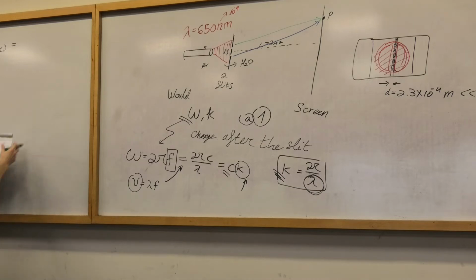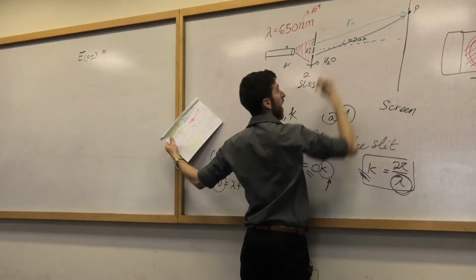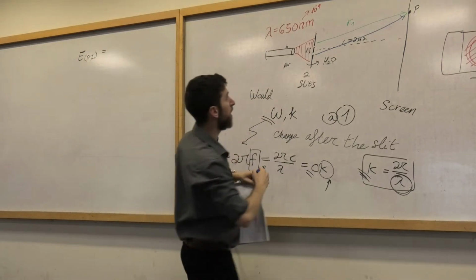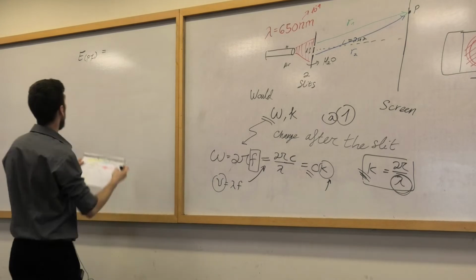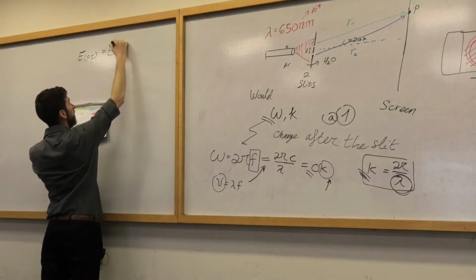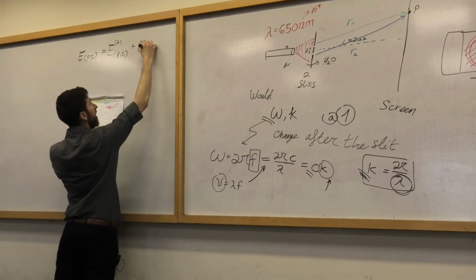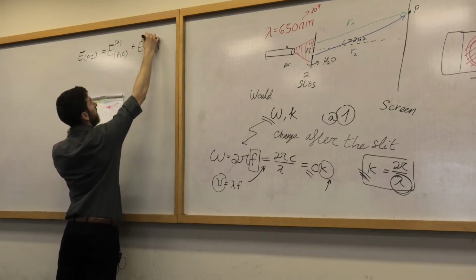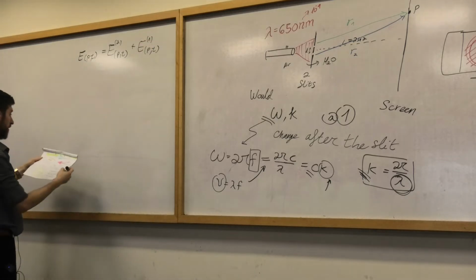So camera with me. If this is the upper one, let's call it R1, and let's call this R2. So the solution would be E, the contribution from slit 2 at location P at any time, plus the contribution at location P from slit 1. Slit 1 and slit 2, right?